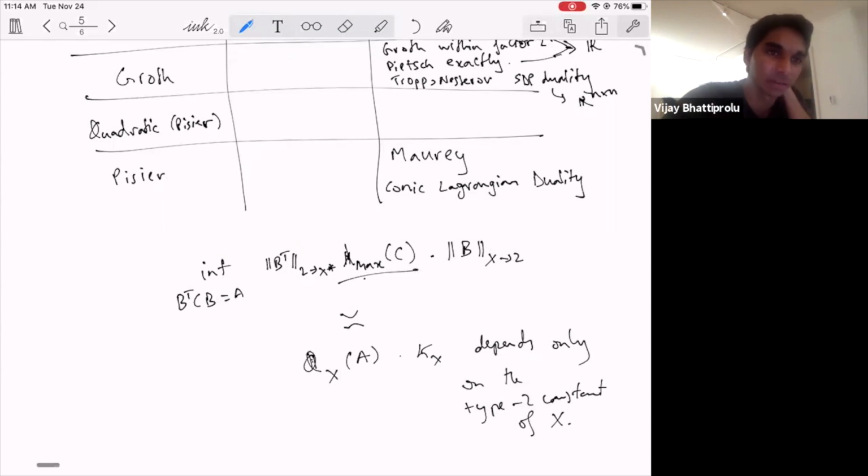So the maximum singular value in the quadratic maximization case became the maximum eigenvalue.